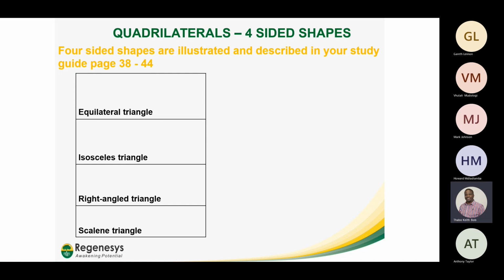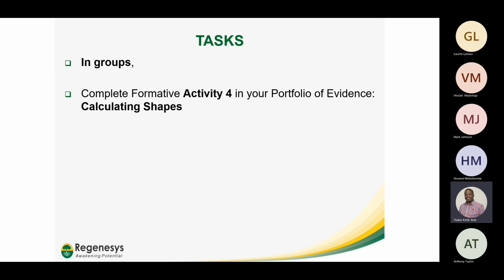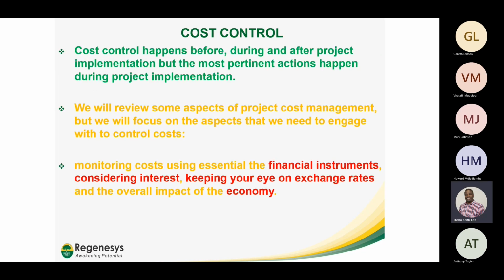And there will be equilateral triangles, isosceles triangles and right angle triangles and scalene triangles, where you can look at the different shapes, sizes, and sides in your study guides. I'm not going to look at activity number 4 as yet. Let us move on. Let us check the cost control.